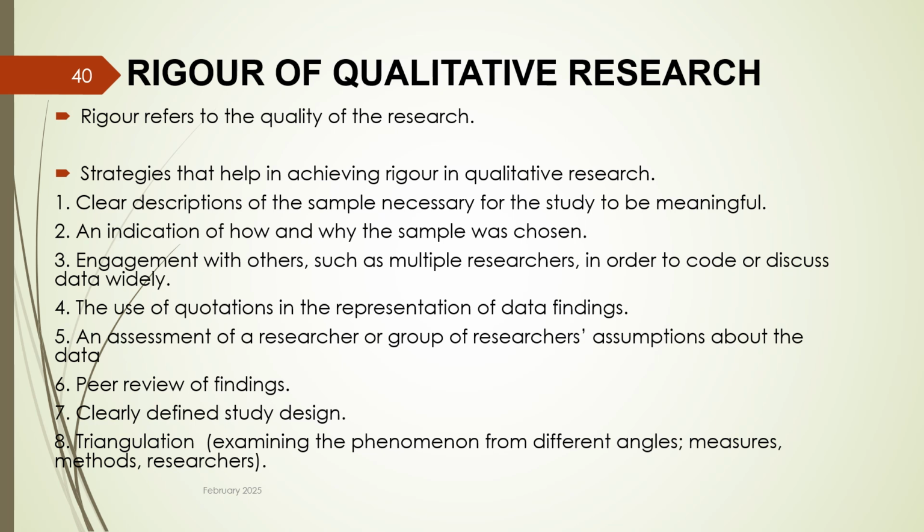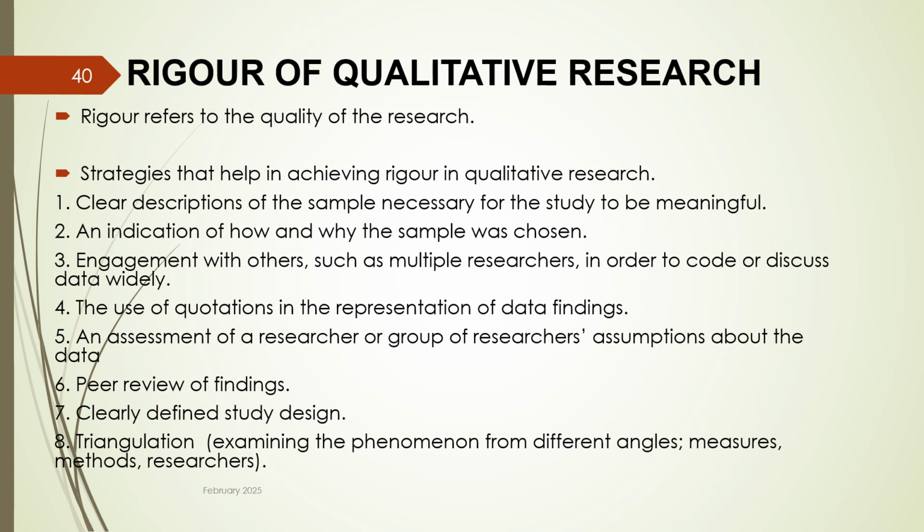So there are several strategies as well to help you achieve rigor in your qualitative research, and each one of these relates to one of the four components that we will talk about in the next slide, the slide about trustworthiness of qualitative research. Firstly, clear descriptions of the sample are necessary for the study to be meaningful, with an indication of how and why the sample was chosen.